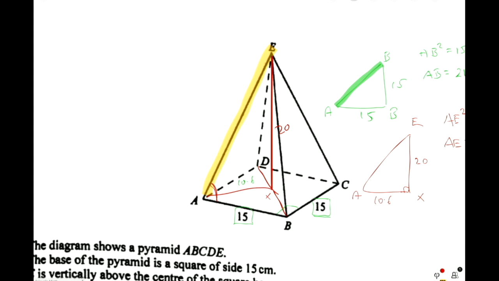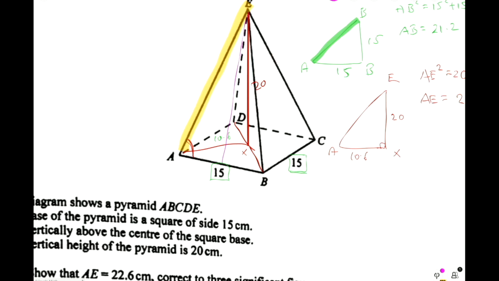Okay, we gotta find another thing before we can do that. We gotta find this line. Can you see the purple color line? Yeah, we need to find the purple color line. So to find the purple color line, it's getting a bit messy here.